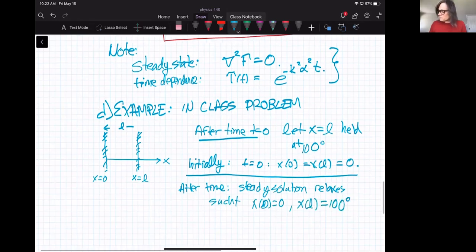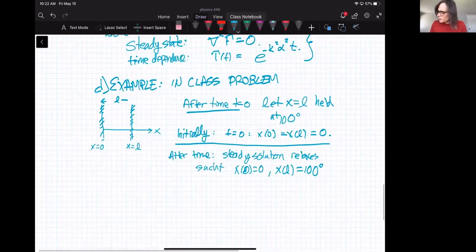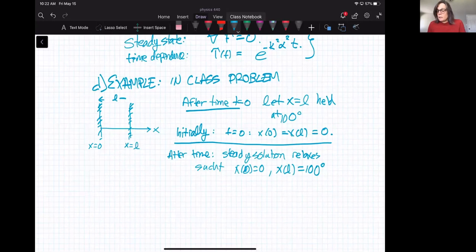So let me back up, since I wasn't very clear about the setup of this. Initially, all right, never mind. Let me see. I was right before. Okay.